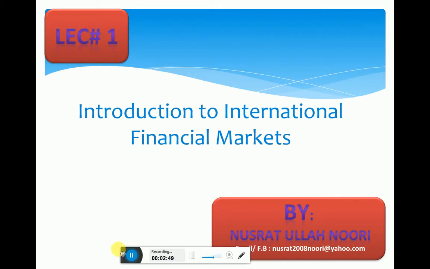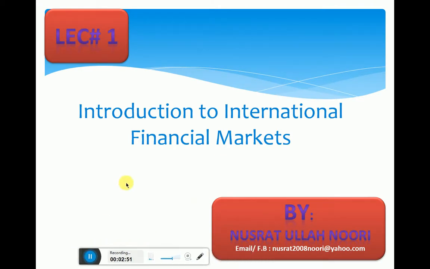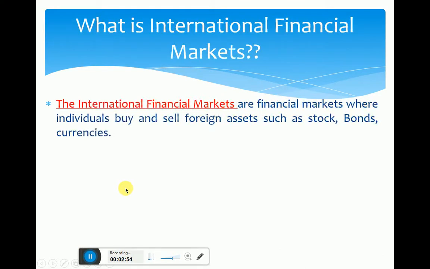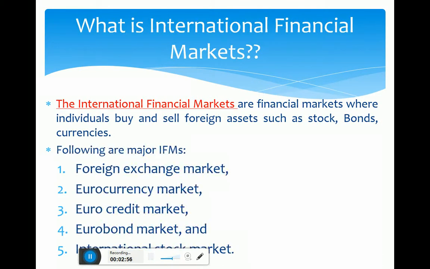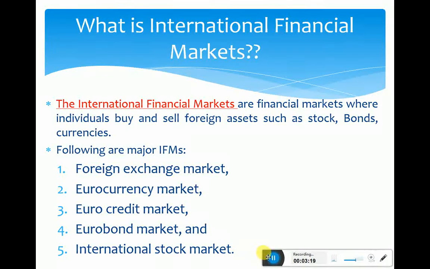All right, so we begin first with the definition of international financial market. An international financial market is a financial market where individuals buy and sell foreign assets such as stock, bonds, and different currencies, especially those currencies which are widely accepted and widely used by different companies throughout the world.